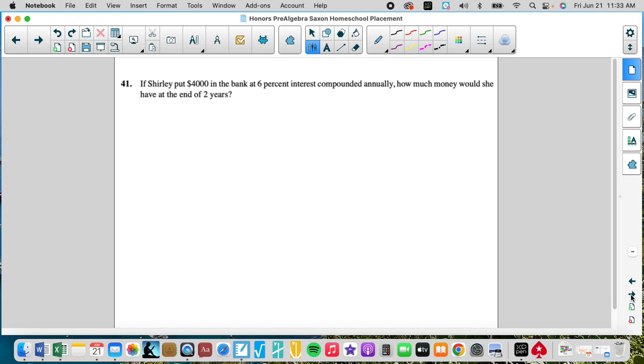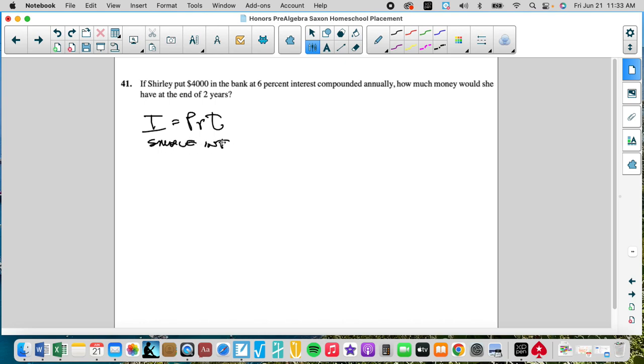If Shirley put $4,000 in a bank at 6% interest compounded annually, how much money would she have at the end of 2 years? So you have a couple formulas. You have interest equals principal times rate times time, but that just calculates simple interest.